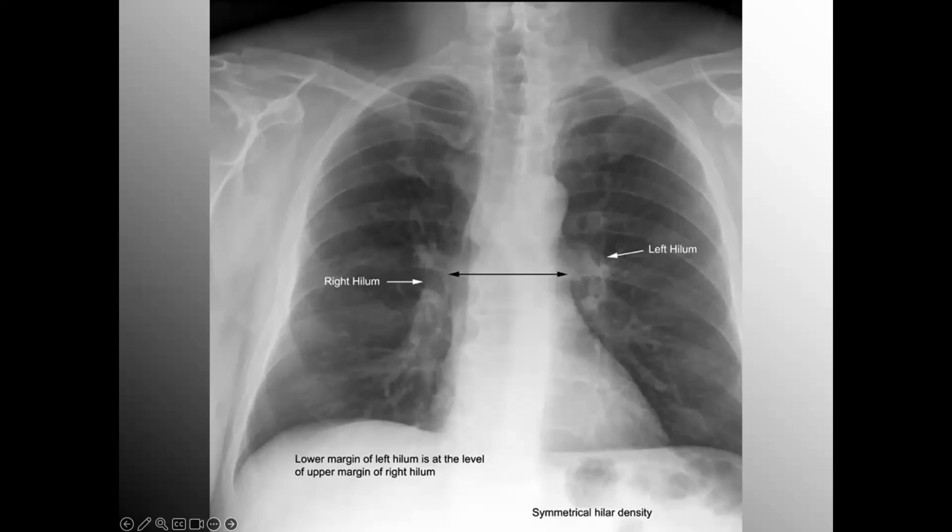Now, there can be some variation to this. If the X-ray beam is shot superiorly, it makes everything look like it's further down. That would be ET tube, that would be suction catheter, any catheters. When the X-ray beam is shot from more of an inferior view, it makes everything look a little bit higher or more shallow. Now, this really comes into play in the neonatal infant pediatric population.